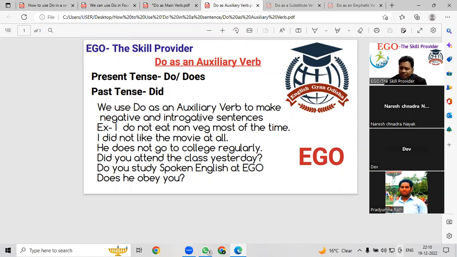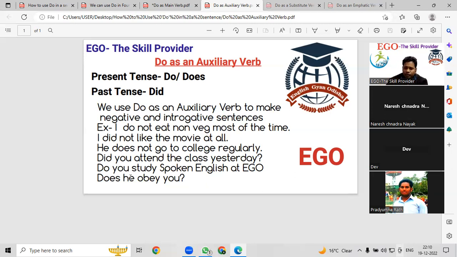Whenever I say interrogative sentence, it is the question mark. You use a lot of questions and negative sentences in your day to day life. We say I did not go there, I don't do like this. So whether it is negative or question, you can use do as an auxiliary verb.